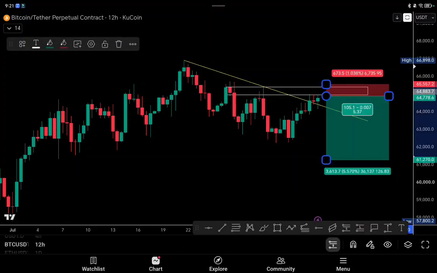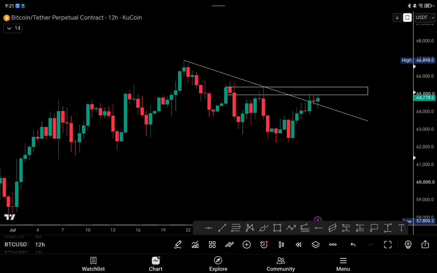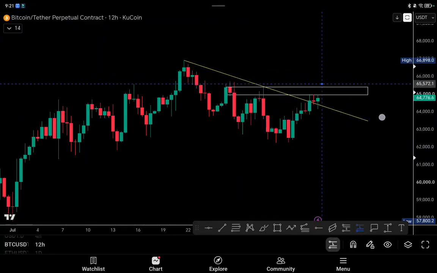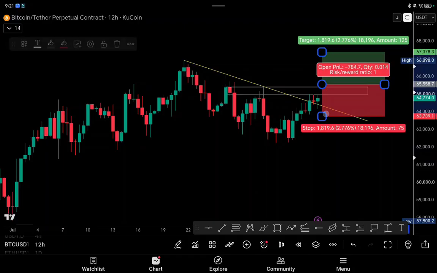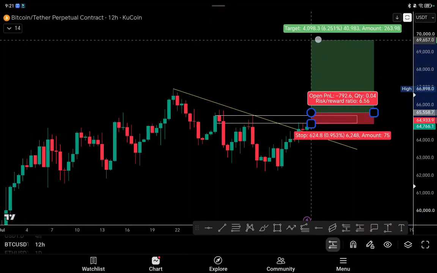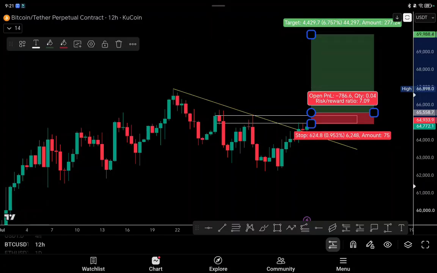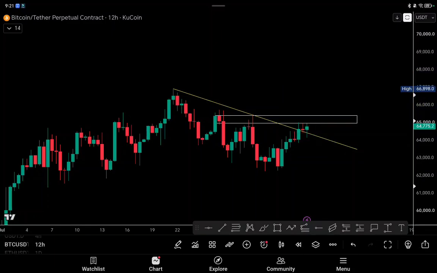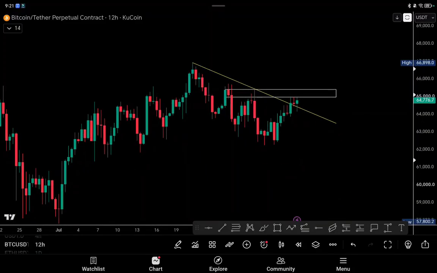And if I want to take the long trade, I will take it when the market comes around here, and I can target till 70, at least 68. So on both sides right now we have opportunities of 1:5 trades. In this way we should approach when we are trading.